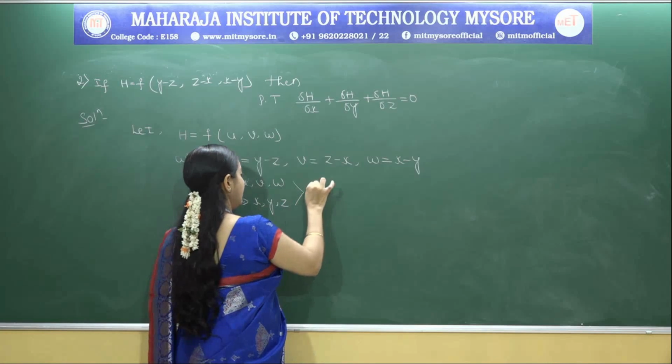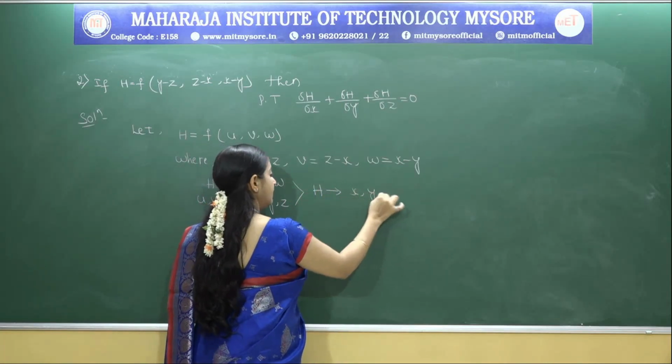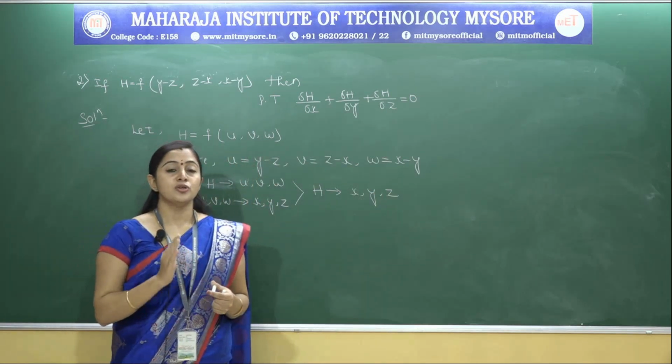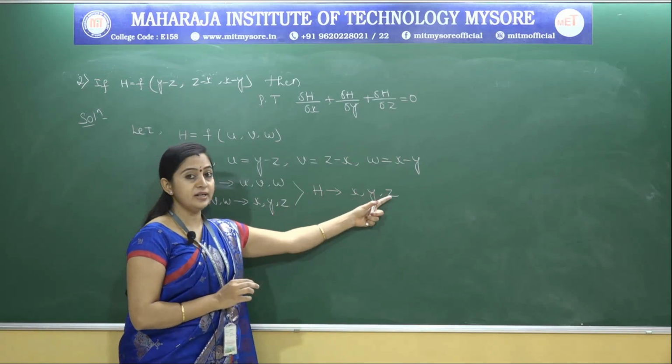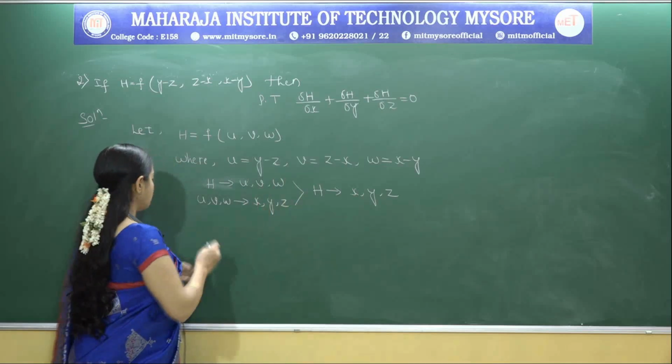So you can write h is a composite function of x, y and z in terms of u, v and w. So you have to construct the formula for h in terms of x, y and z with respect to u, v and w. So I write the formula first.